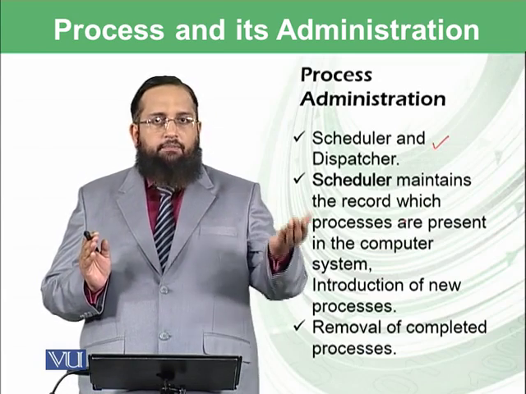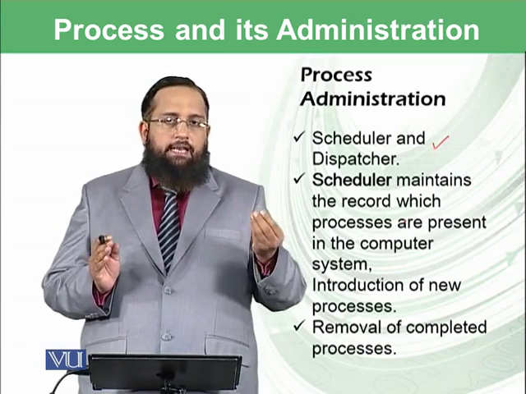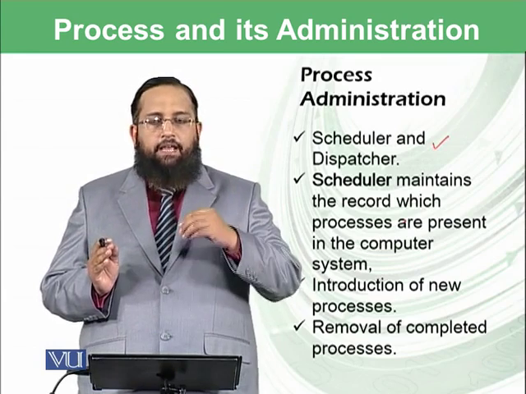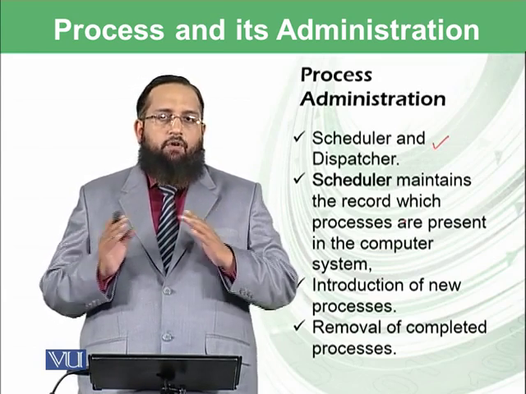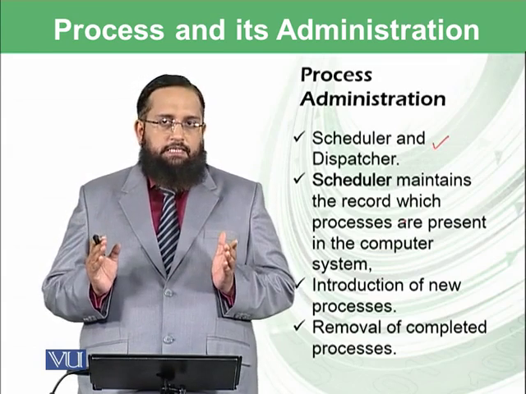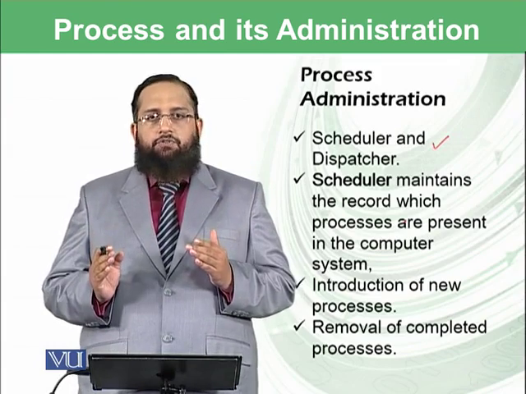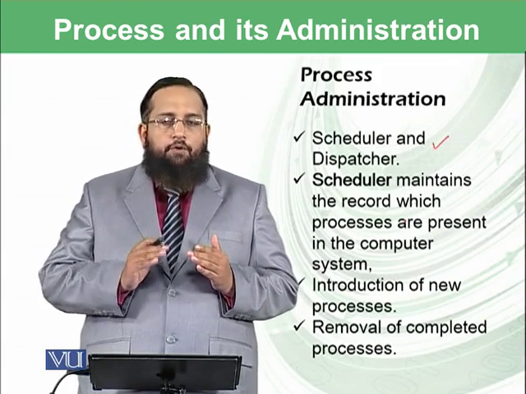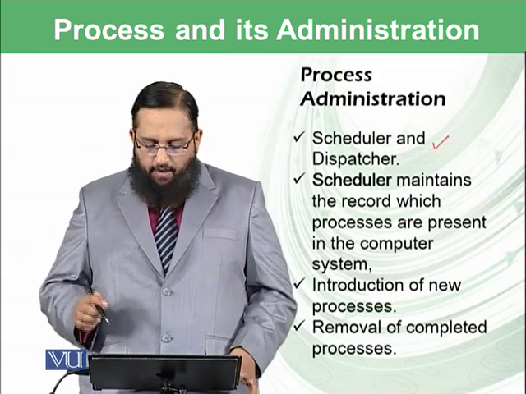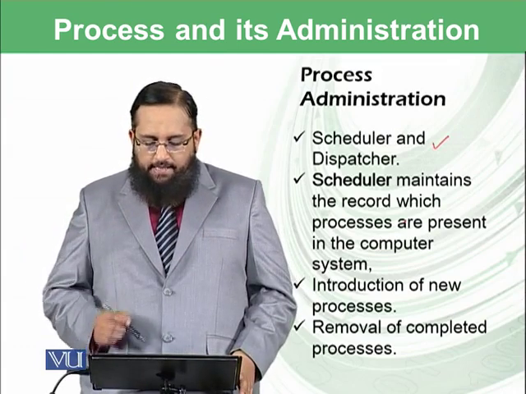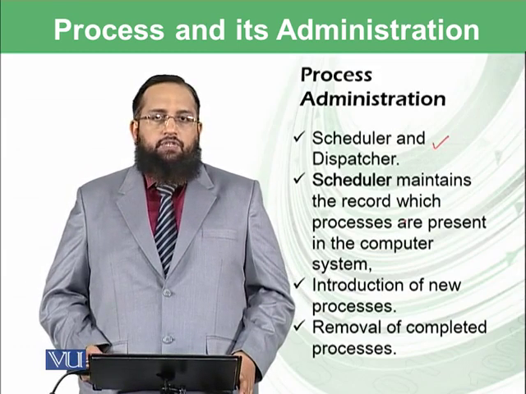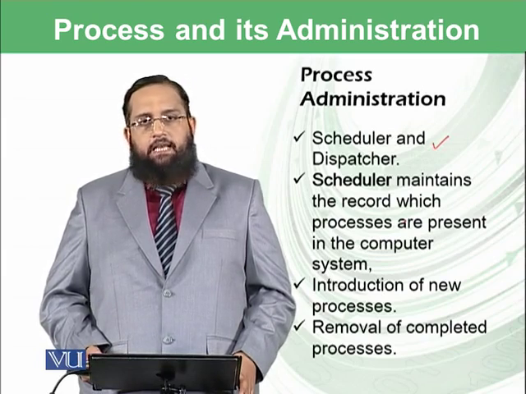If some new process arrives, it needs to be put in this list, and if a process finishes its execution, it will be removed from the list. All such scheduling of the processes is done by the scheduler.